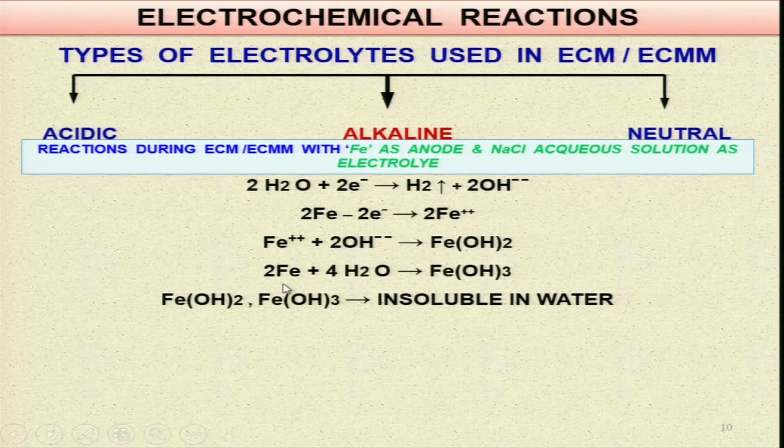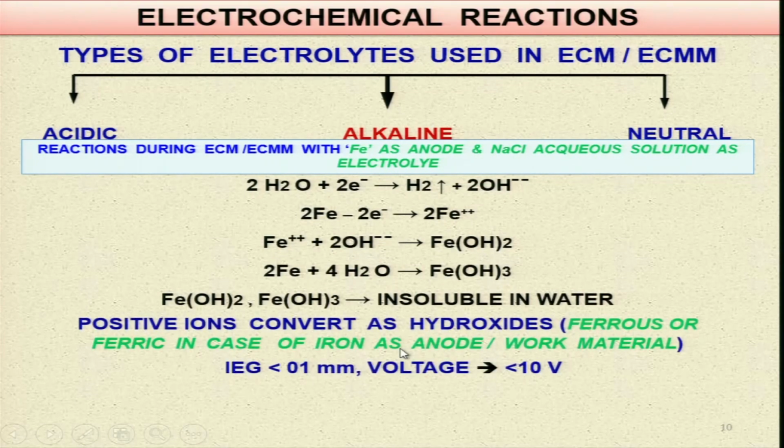In some cases, you can have ferric hydroxide depending upon the conditions in the electrolyte. Ferrous hydroxide and ferric hydroxide are both insoluble in water. So, positive ions convert to hydroxides, ferrous or ferric, in case of iron as anode or workpiece material.